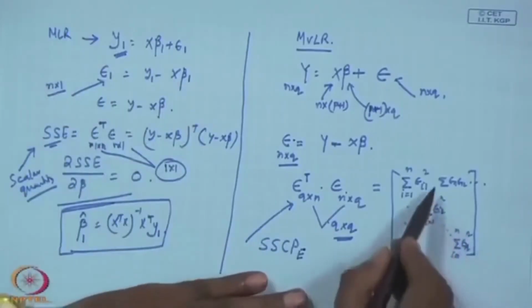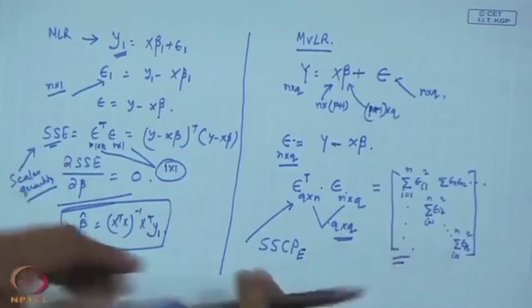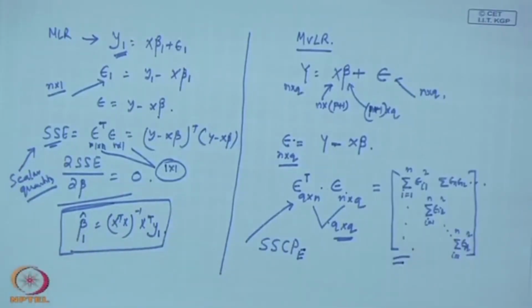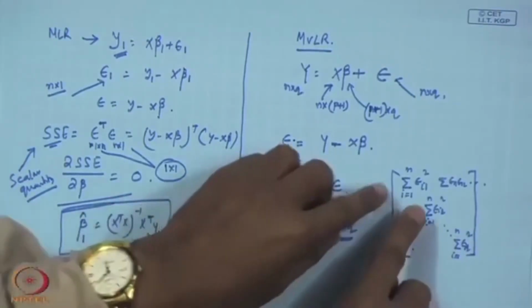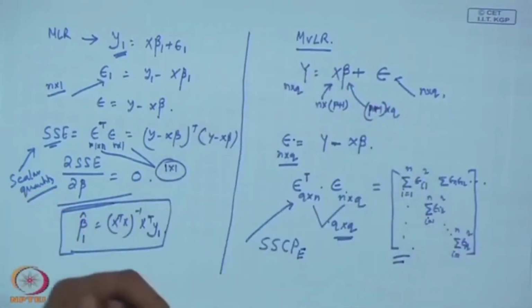Now if we assume that the off diagonal elements are 0, then what do we want? We do not want only that individual diagonal elements will be as minimum as possible. We want the total as minimum as possible. The total sum square across all the y variables as minimum as possible.